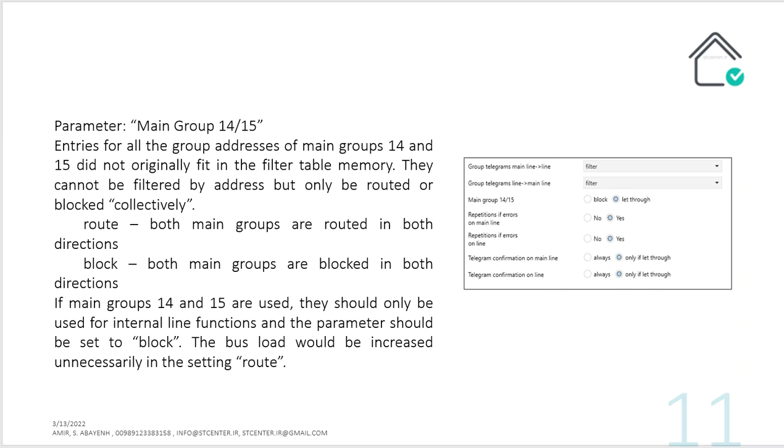With this type of coupler that the book provides, they should be routed, and there is no filter or control of the data traffic for main group addresses 14 and 15. But maybe in your project, your couplers will differ from this type. So you should consider your couplers, go to the manual, read it, and see how your couplers behave for main group addresses 14 and 15.